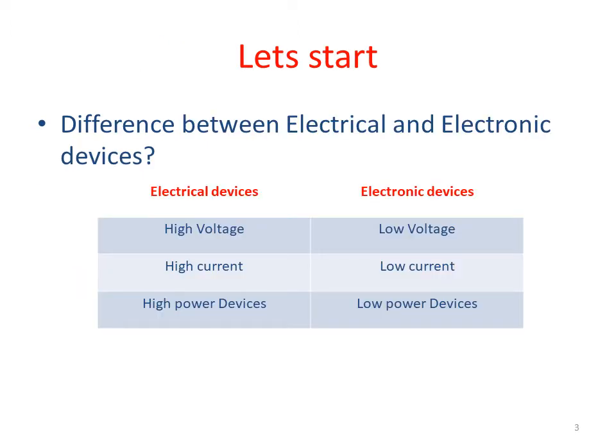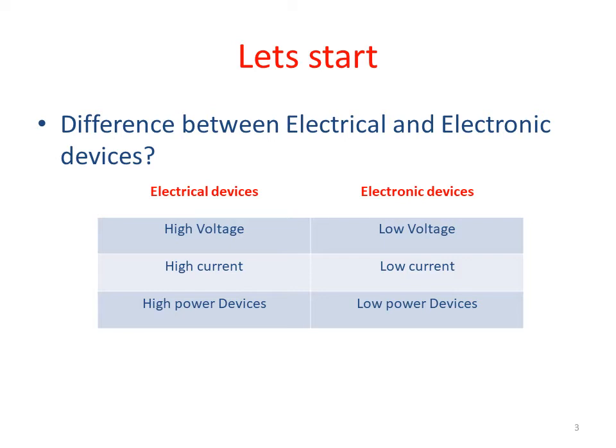Before we formally begin with our study of this course, let us start with the basic difference between electrical and electronic devices. A layman's definition of the difference is that electrical devices work on very high voltage and very high currents.